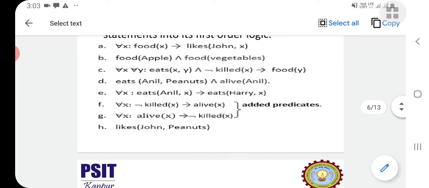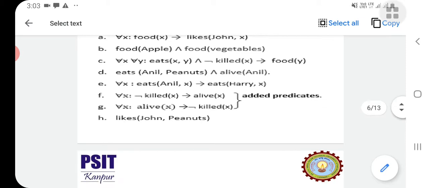So first we have to write Anil, in point E. Anil eats what? Everything that will be eaten by Harry. So the five statements A, B, C, D, E are now converted into FOL.